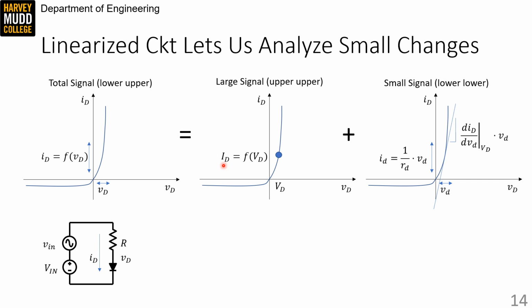The large signal representation is added to a linear approximation of the variation away from the operating point. So we need to calculate the slope of our diode curve at the operating point, which we represent by the derivative of I_D with respect to V_D, evaluated at large signal V_D. And then we multiply that slope by our small deviation v_d.